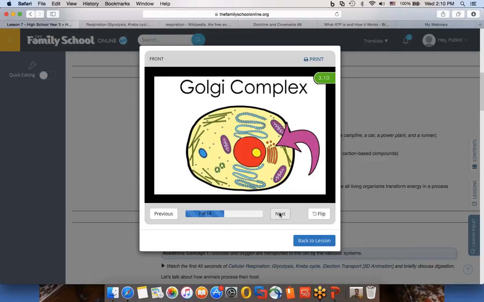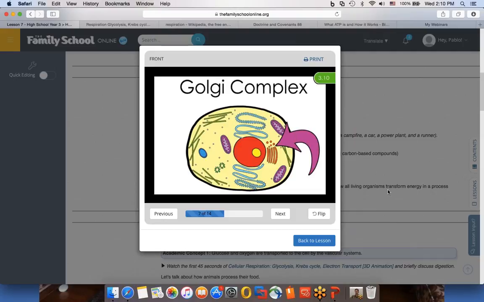What was the Golgi complex or Golgi apparatus? What do you remember about that? It's another organelle that sends packages, you could say, to other organelles too. Yes, it sends the proteins in or out to other areas of the cell, especially to prepare them to go out of the cell.